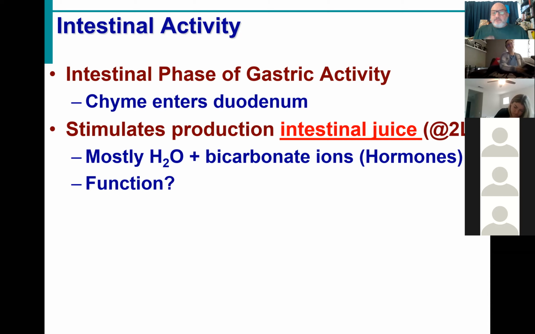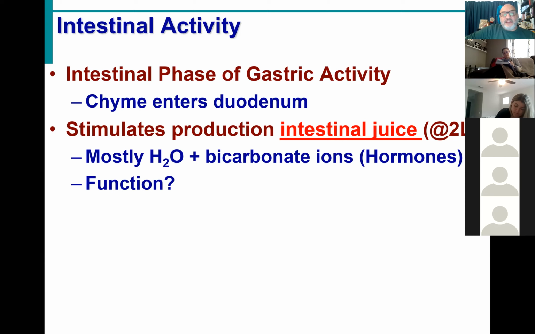In particular, some of that involves stretch receptors. When our chyme enters the duodenum, those stretch receptors stimulate the production of intestinal juice. Depending on the composition of the food, the number of times you eat during the day, and the volume of the foods that you eat, it can vary dramatically, but on average, we produce about 2 liters of intestinal juice during the course of the day.